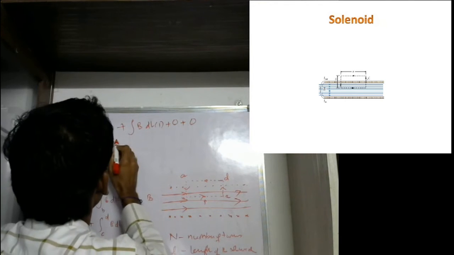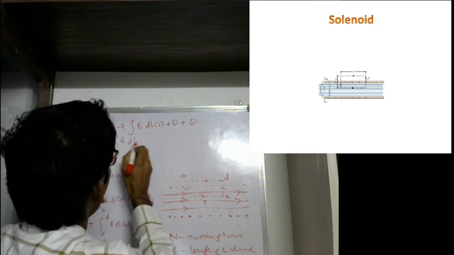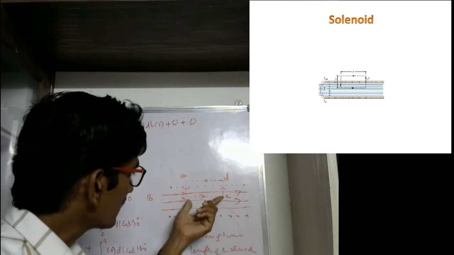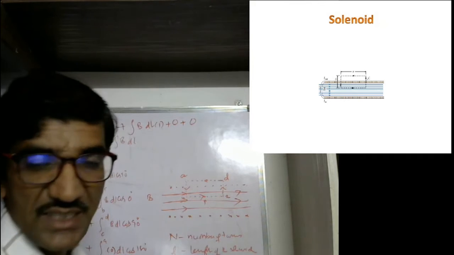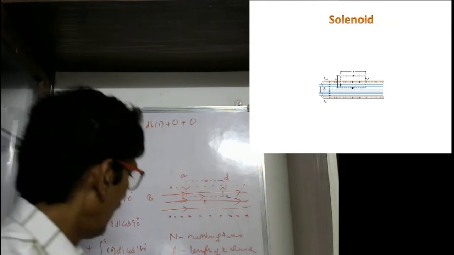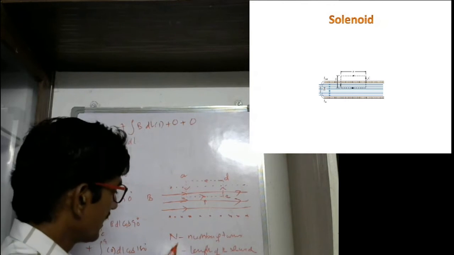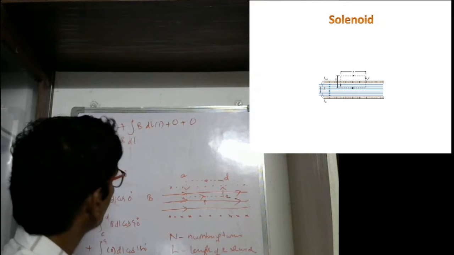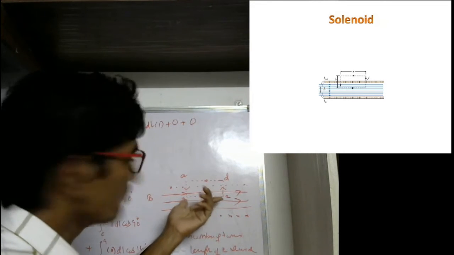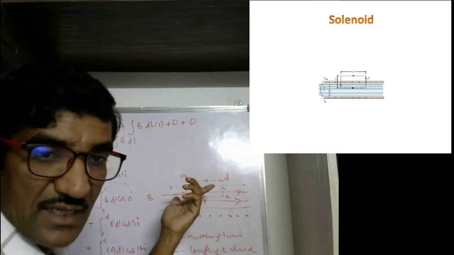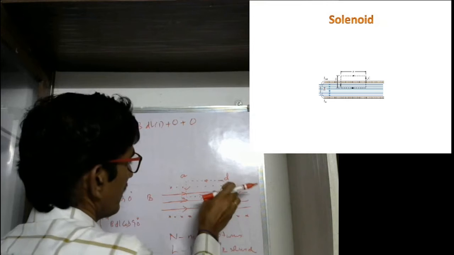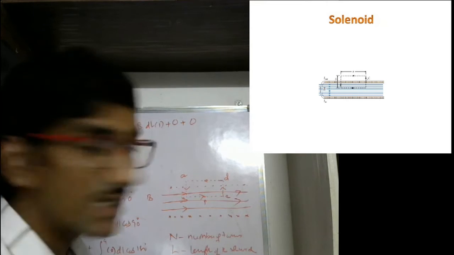So you have integral B dl simply, along this length BC. If this is capital L, any tiny part of that is dl.